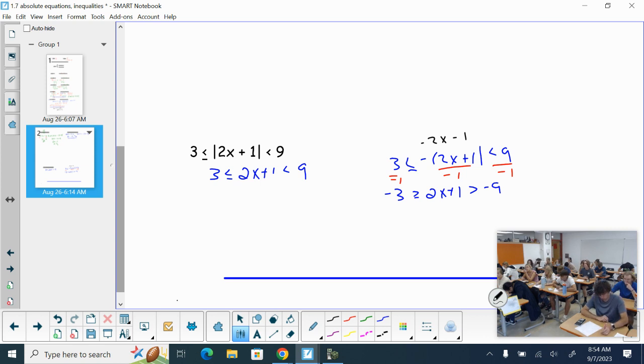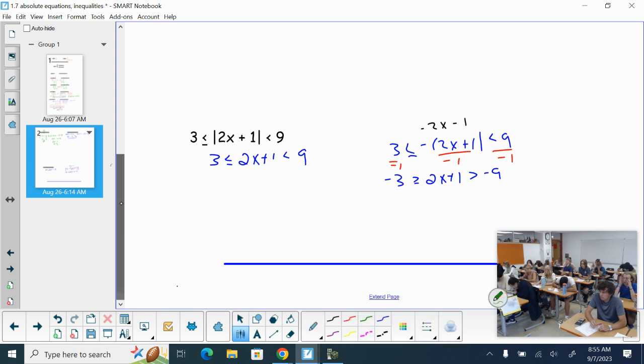Me personally, I tend to do my mental math here. I'm going to make this its opposite in my mind. I'm going to divide through the negative, and I'm going to come down to this. Solve both these inequalities. You can subtract your 1, then divide by the 2, or add your 1, divide through by -2.